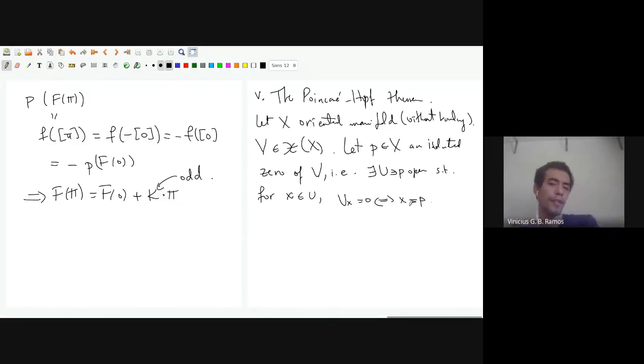Of course, not all vector fields have isolated zeros. You can just take the zero vector field, which is really bad in a sense, or really good in another sense. But let's start with vector fields that have isolated zeros. For an isolated zero, we can define the index of V at P. So if P is an isolated zero, what can we do?